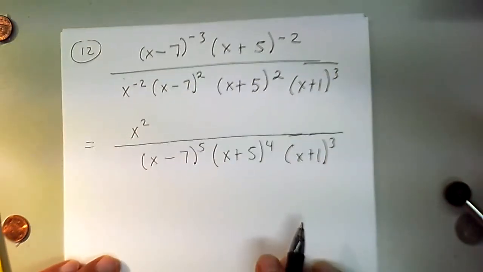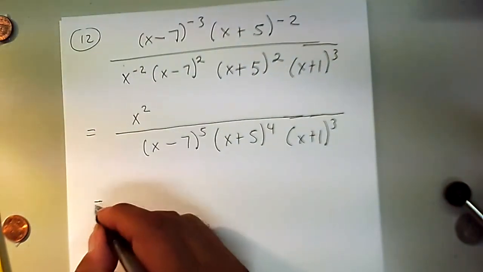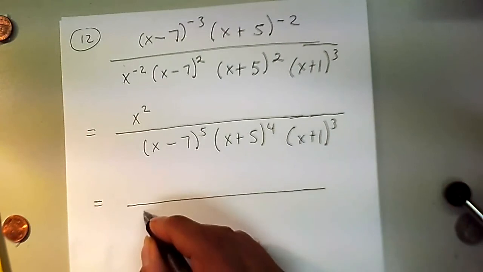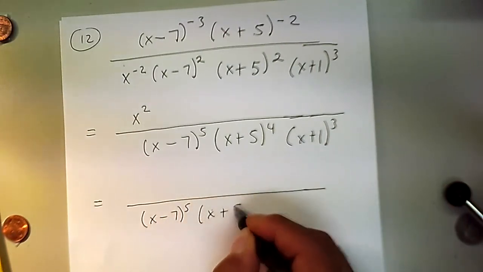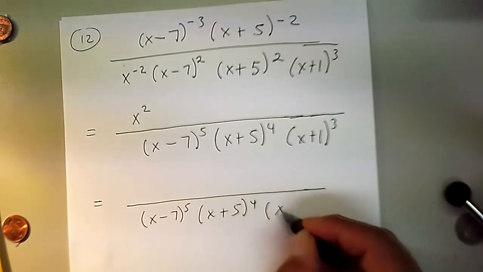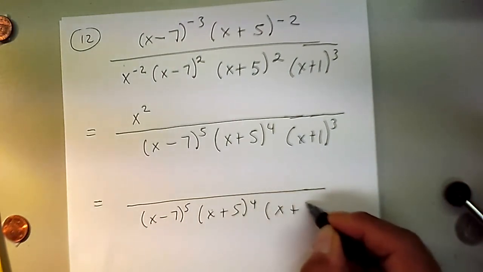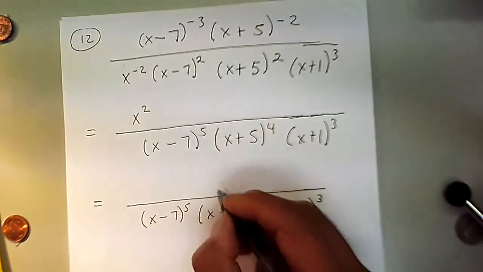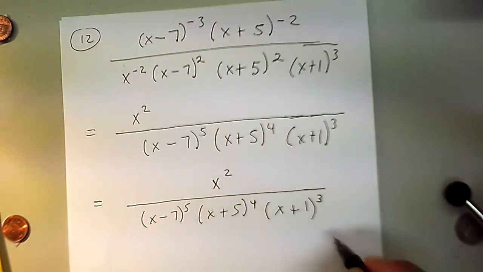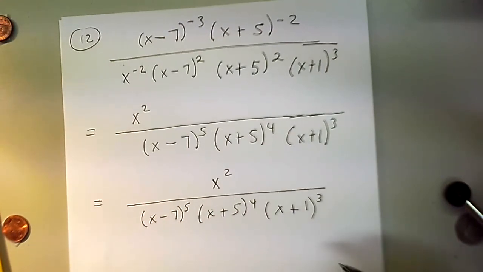So there it is. That's the answer, except we want to write it a little nicer. So we have x minus 7 to the 5, x plus 5 to the 4. We usually want to keep our elements centered, so we typically put the x squared in the center, and that's it.